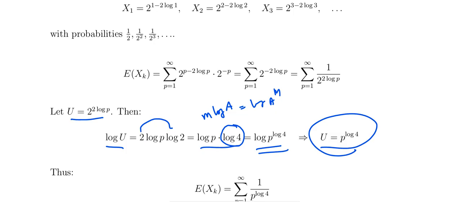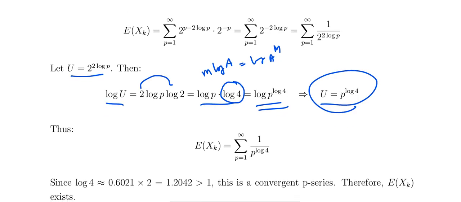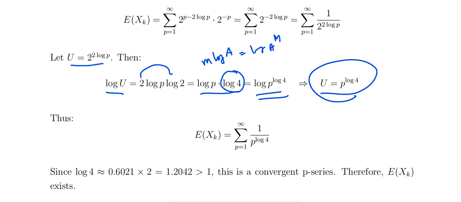So E of x_k என்றது summation 1 by p power log 4. So log 4 உடைய value, that is greater than 1. So this is a convergent p series. This is convergent. ஏன்னா greater than 1 வந்ததுனால that is called the convergent series.